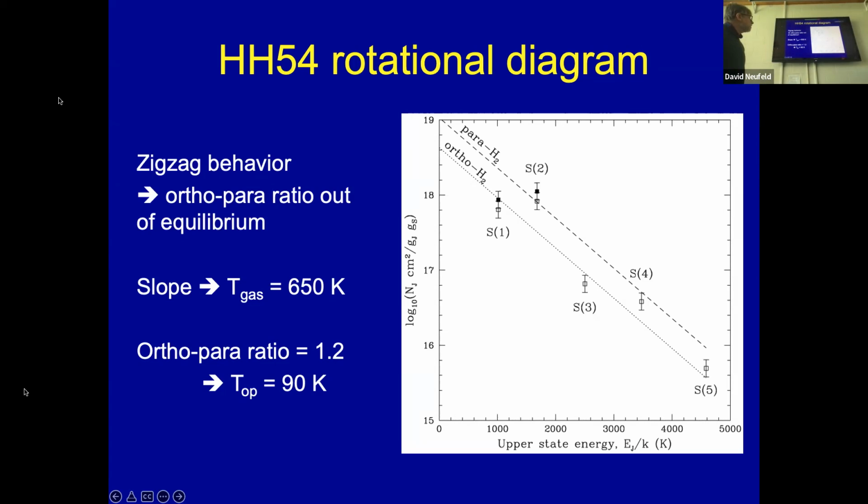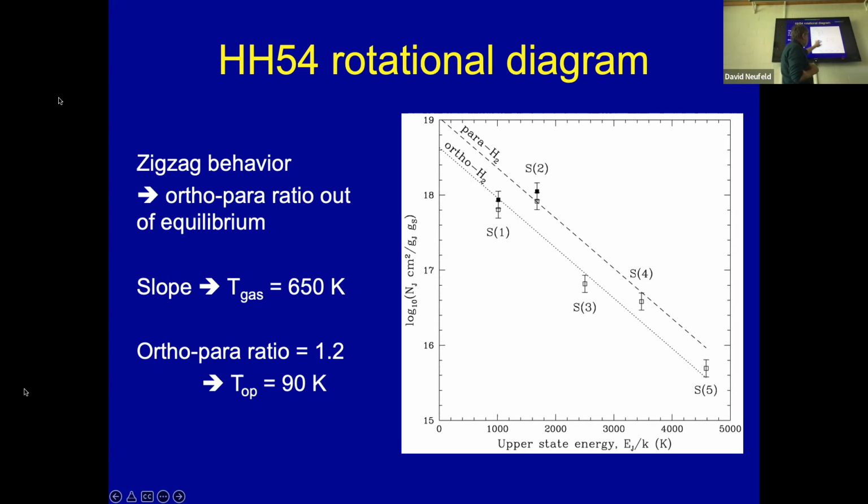And we constructed such a diagram for these observations. If we were in thermal equilibrium with the ortho-para ratio in thermal equilibrium, then everything would lie perfectly on the line. But what we actually see is that the even J states lie on a higher line on average than the odd J states. So that's telling us that para hydrogen, represented by the even states, is more abundant than it would be in thermal equilibrium.